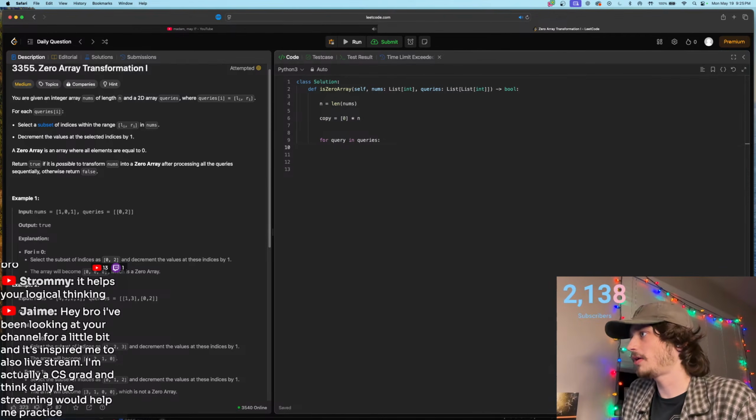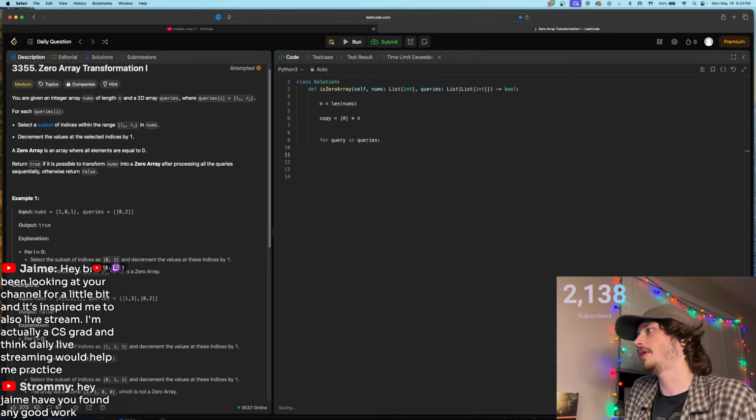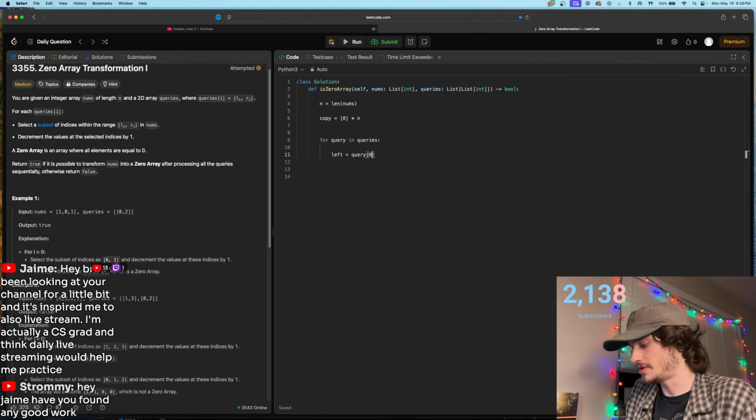Now for every query, we're going to say for query in queries, left is equal to the query at index 0, right is equal to the query at index 1.